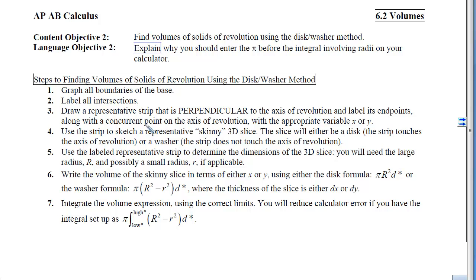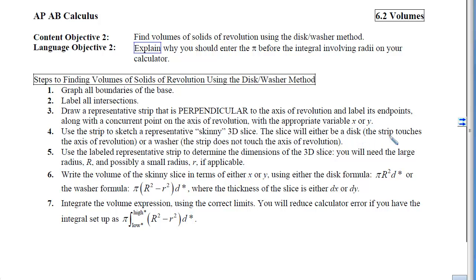So that means we're going to have a point that would be on the same line as the strip we have just drawn. And all 3 of those points will be labeled either with x if we're perpendicular to the x-axis, or with y if we're perpendicular to the y-axis. Once we have them labeled, we are going to use that strip to sketch a representative skinny 3D slice. It will either be a washer or it will be a disk.